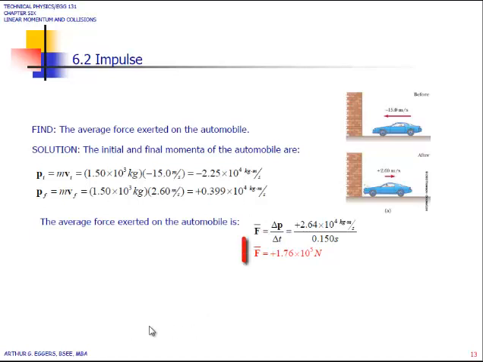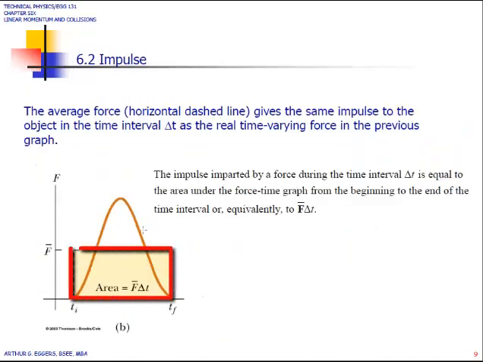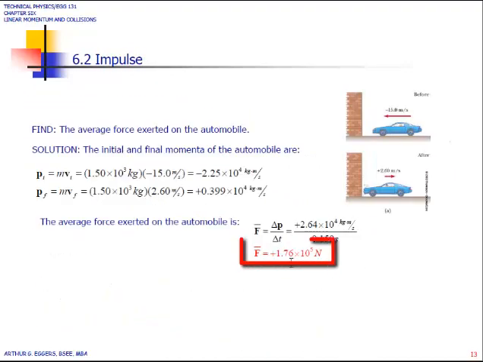The average point should be right through the center on the y-axis, the F-axis, and we come up with an average force of 1.76 times 10 to the fifth newtons. So it gives us an idea of the magnitude of the force. If we move the decimal place, 176 kilonewtons of average force in this problem.